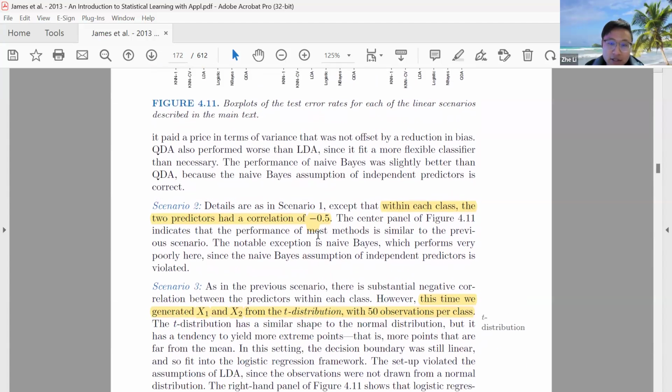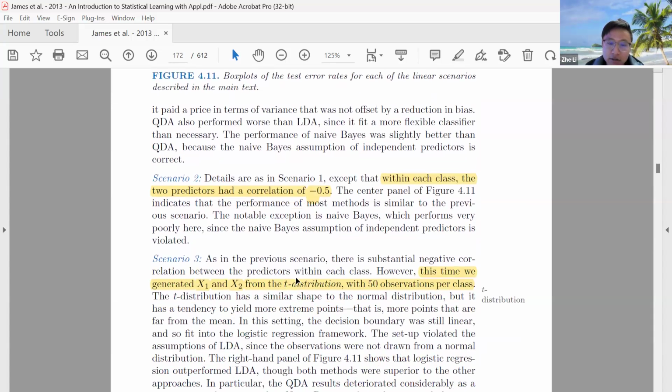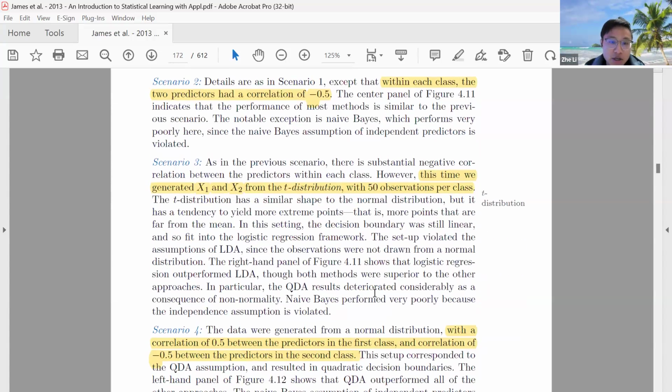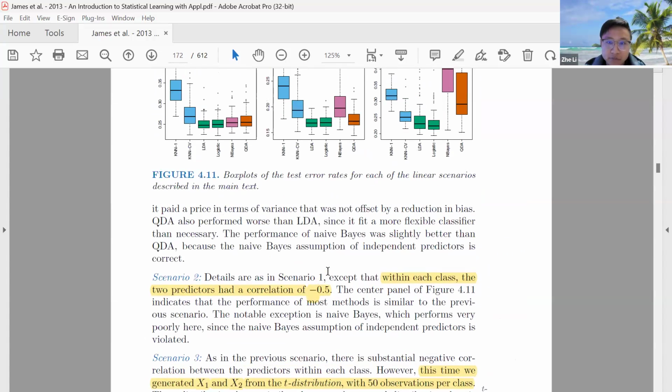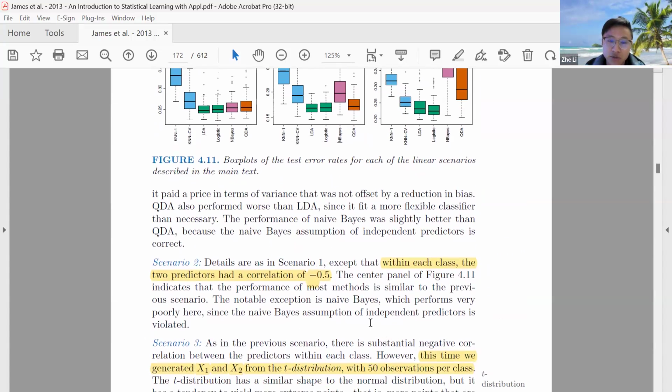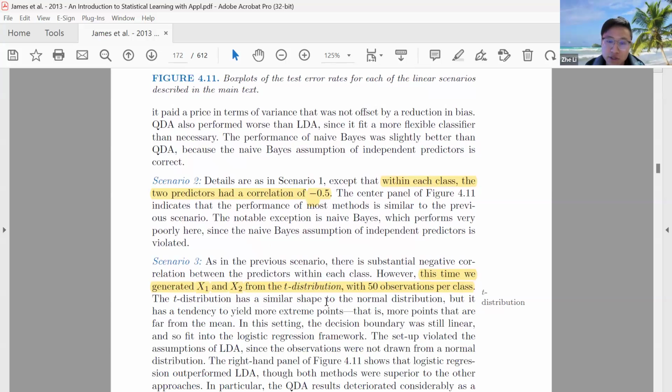In the third case, the underlying distribution is changed from the normal distribution to a t-distribution, and the observations are 15 per class. The sample is large enough that we do not worry about the small sample case. The t-distribution resembles the normal distribution, but it has a tendency to yield more extreme points, that is, more points that are far from the mean.